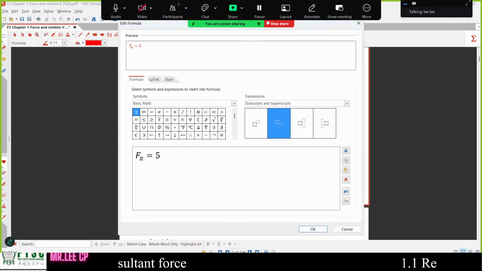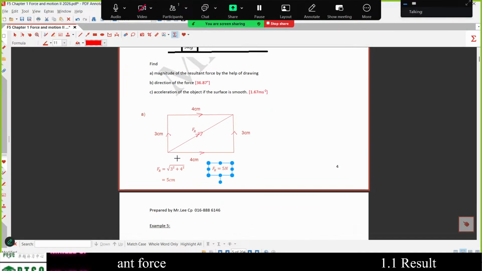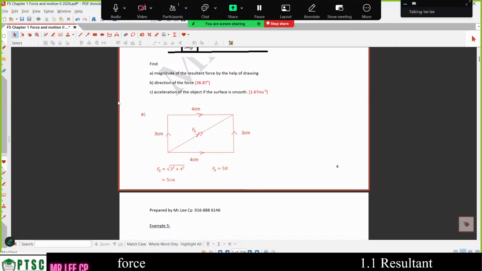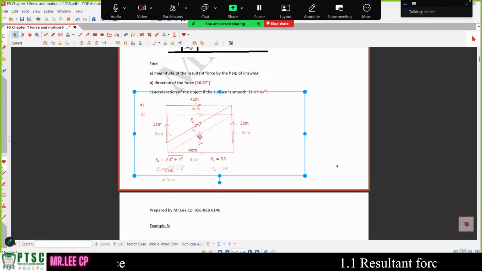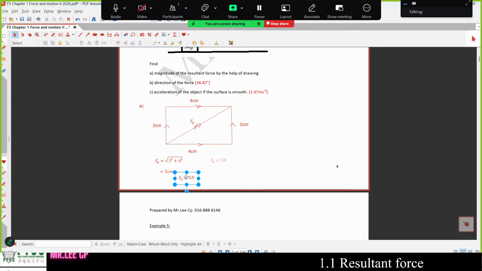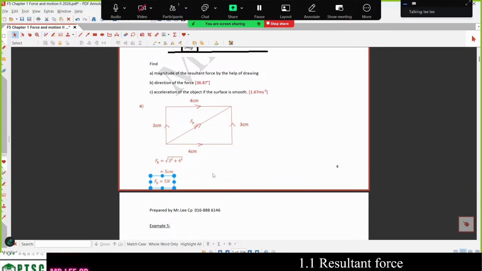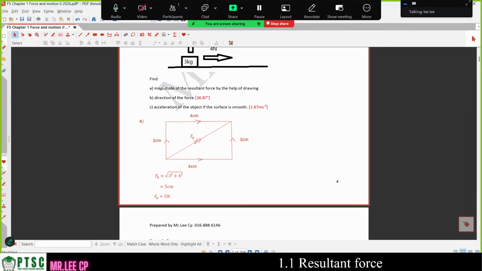That's all. Resultant force will be 5 Newton. So this is the magnitude of the resultant force with the help of drawing. I draw everything in and then I calculate.